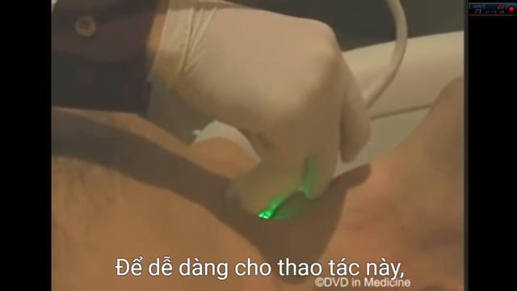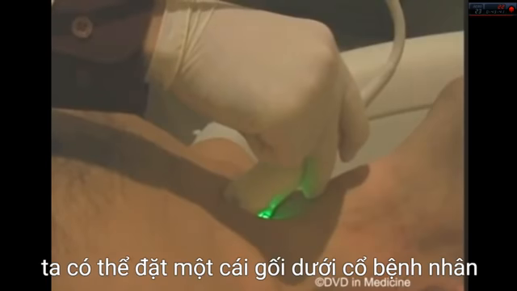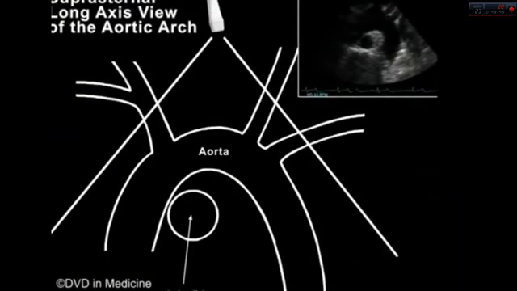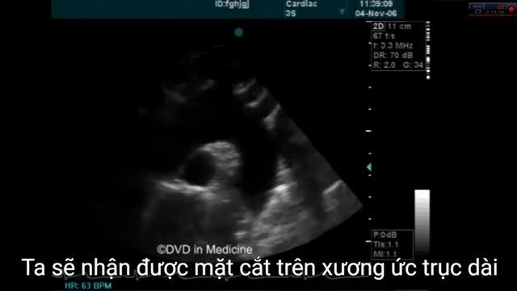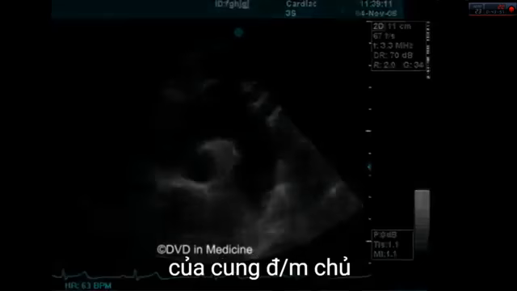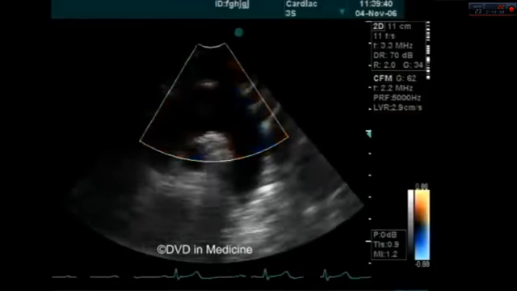In order to facilitate this maneuver, one can place a pillow under the patient's neck. One will obtain a suprasternal long axis view of the aortic arch.